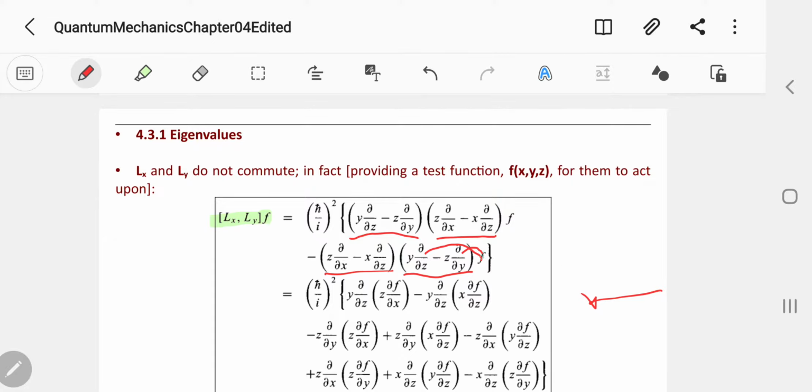So here you can take the partial derivative of f, and then here also, and then whatever the result here should be operated on by this one and this one, same as this term here.